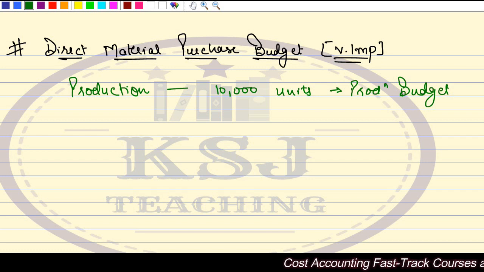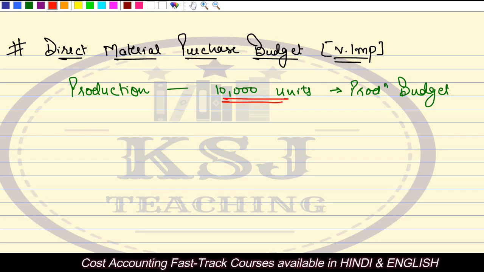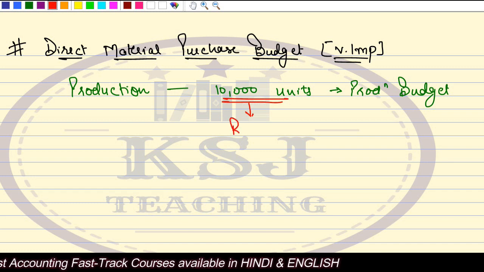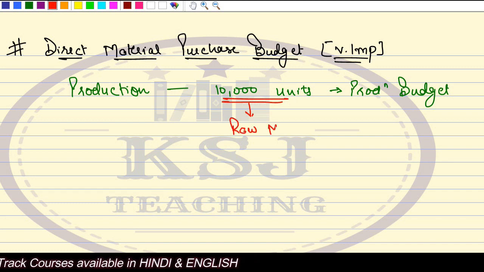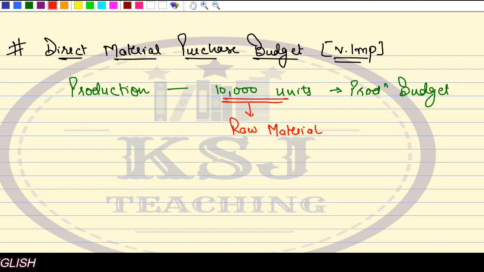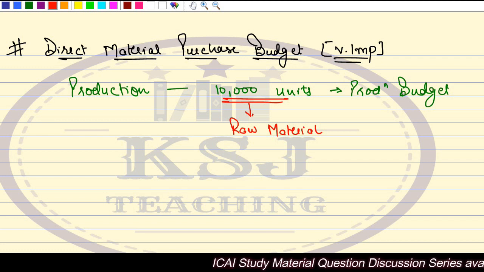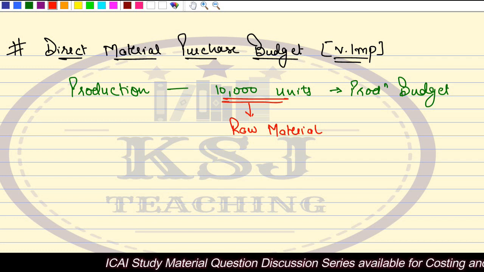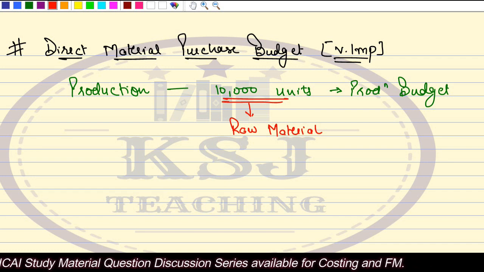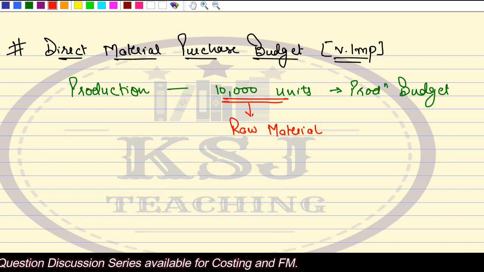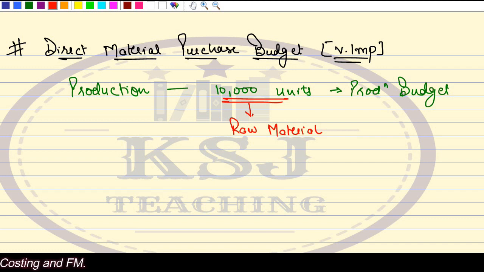Now, for the manufacturing of these 10,000 units, you will require raw material, right? Or not? Without raw material, can you manufacture a product? No, sir, definitely not. So if you want to manufacture 10,000 units, first you need to decide what quantity of raw material is required and what is going to be the cost of that raw material.